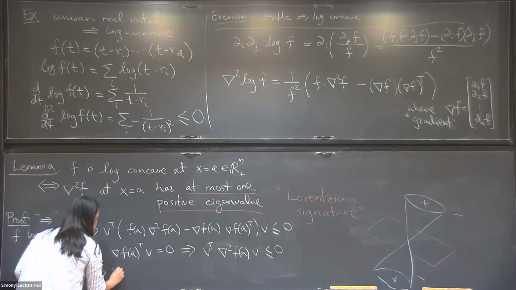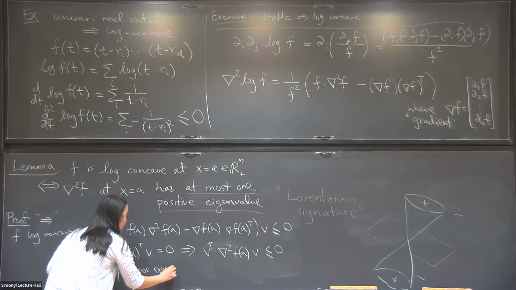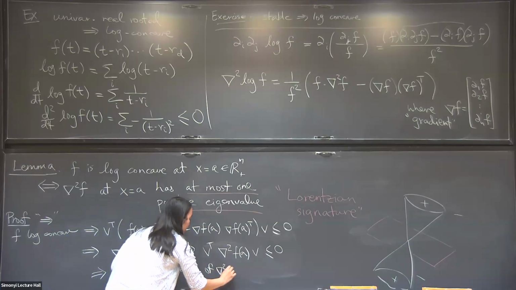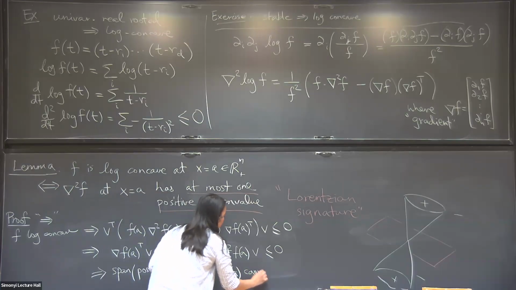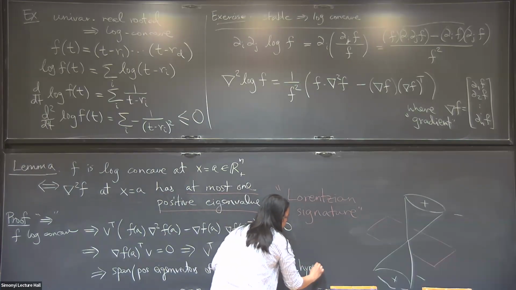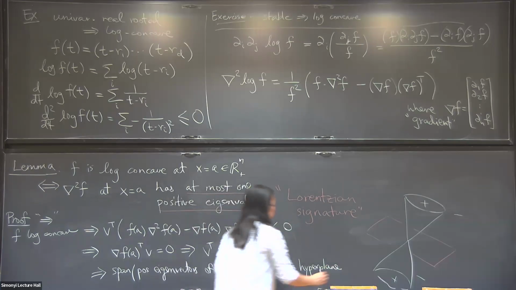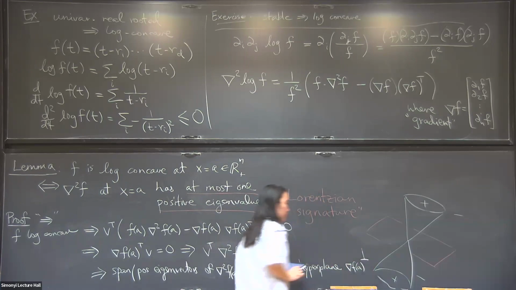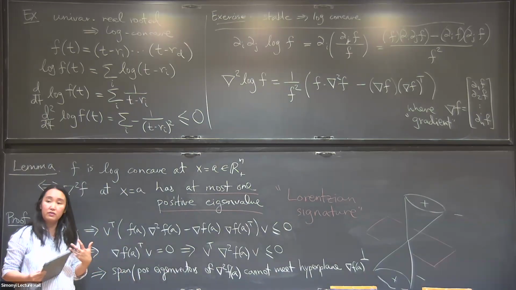So the span of positive eigenvectors of the Hessian of F cannot meet the hyperplane which is perpendicular to the gradient. So that means that there is at most one positive eigenvector.